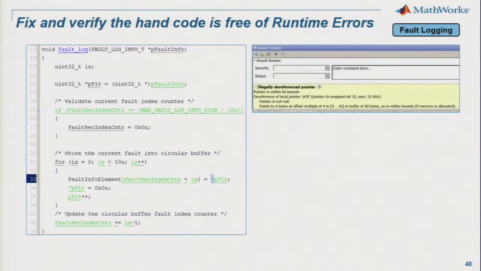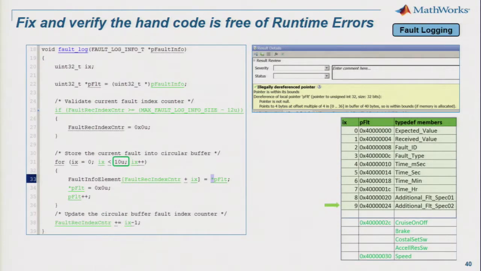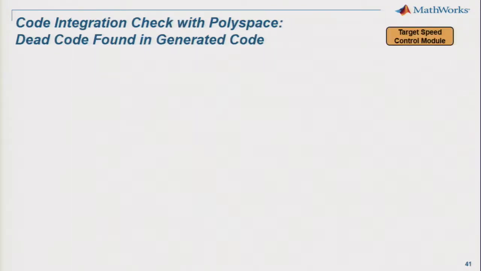And now, if we visually look at it, it will go through and it's not going to overwrite the cruise on/off switch. Nice. That's good. So that is a definite fix. Yeah, something we probably should run before Hill testing. Absolutely.